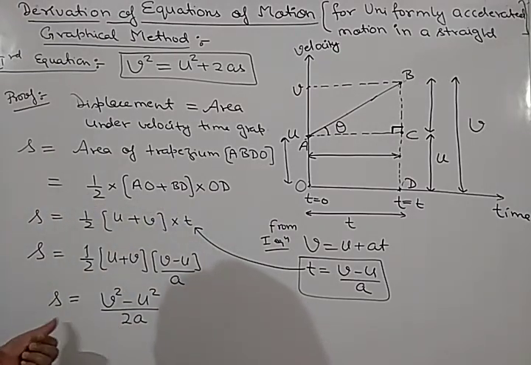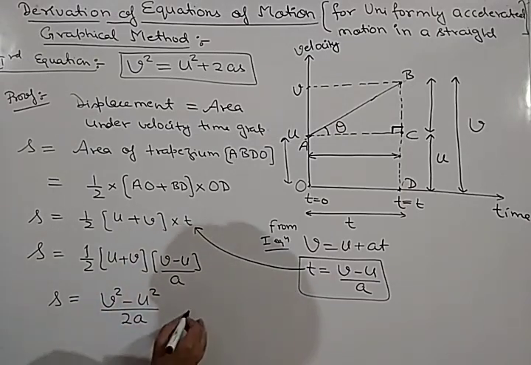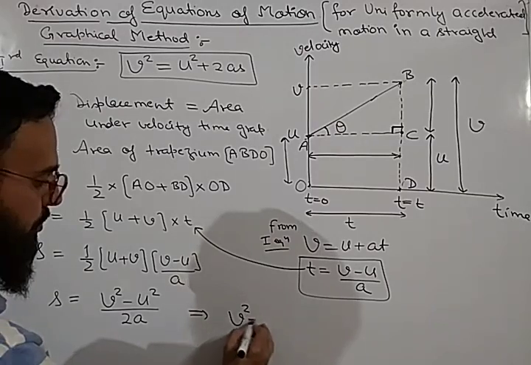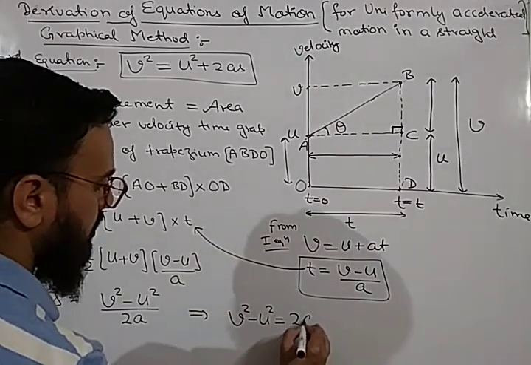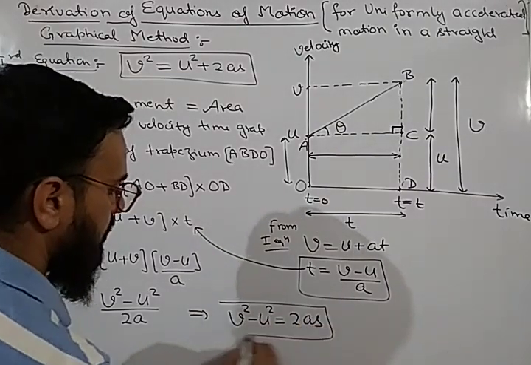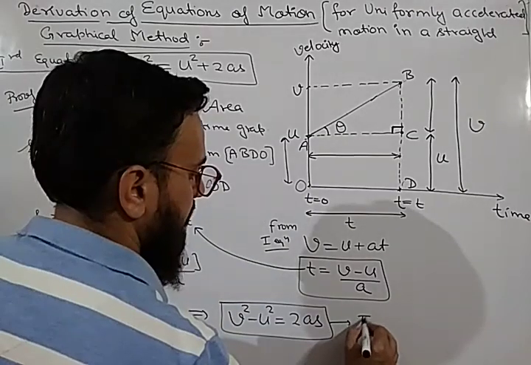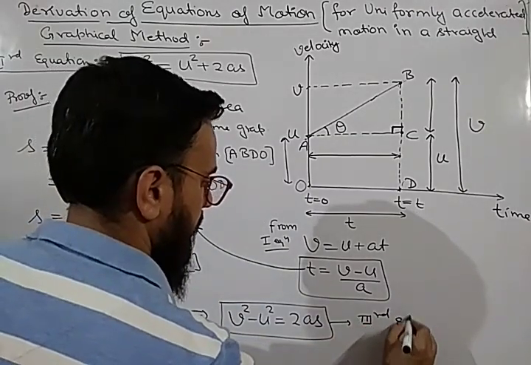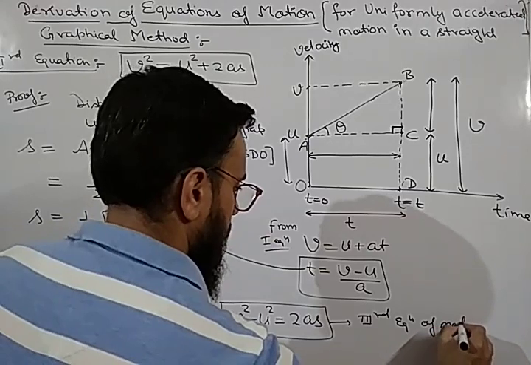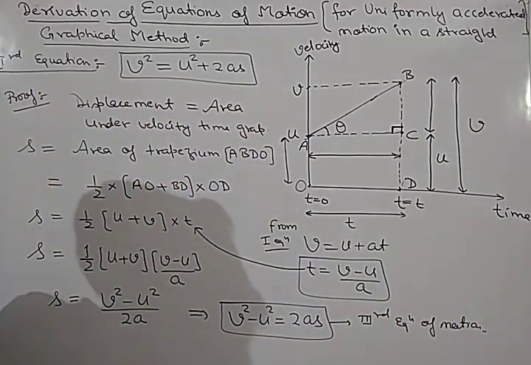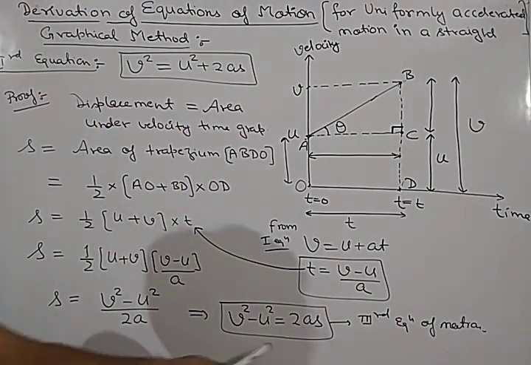So we get s is equal to v square minus u square upon 2a, or if we cross multiply these terms, then we will get v square minus u square is equal to 2as, and this is our third equation of motion.